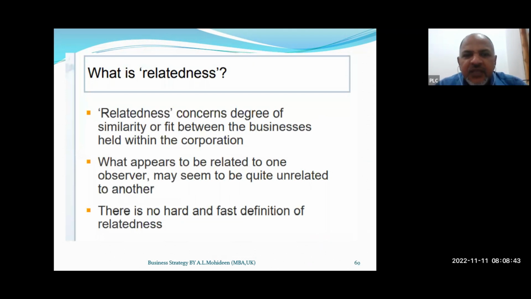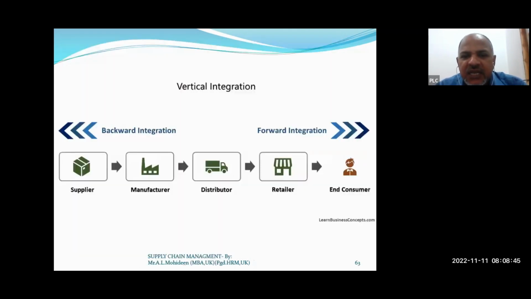Okay, so relatedness and unrelatedness. Now, when you are moving into diversification, there are two types: one is vertical integration and the other is horizontal integration. Vertical integration means you integrate your business backward and forward.